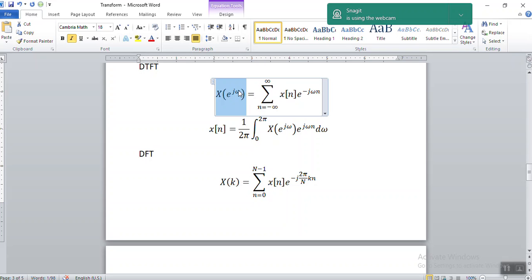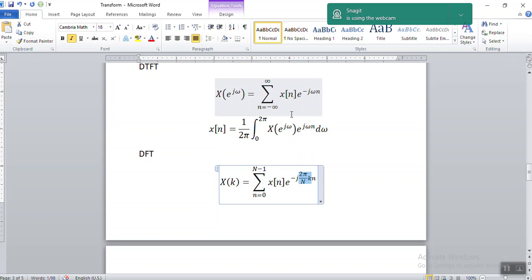Therefore, the frequency of each sample will be 2 pi by N into some integer k, because the maximum frequency range is 2 pi and I need N equally spaced samples. So 1 times 2 pi by N, 2 times 2 pi by N, 3 times 2 pi by N, 4 times 2 pi by N, like that. Each sample will be 2 pi by N into k.